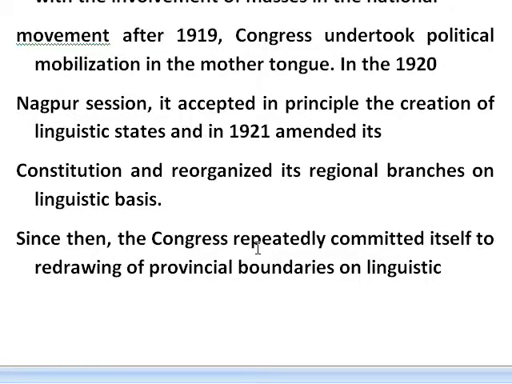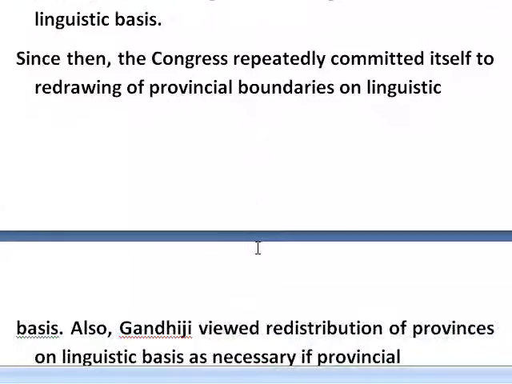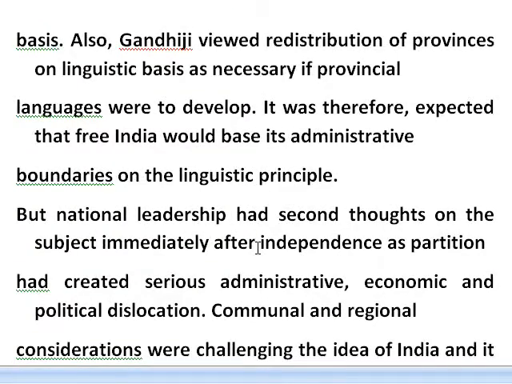Since then, the Congress repeatedly committed itself to redrawing provincial boundaries on a linguistic basis. Gandhiji viewed redistribution of provinces on a linguistic basis as necessary if provincial languages were to develop. It was therefore expected that Free India would base its administrative boundaries on linguistic principles.